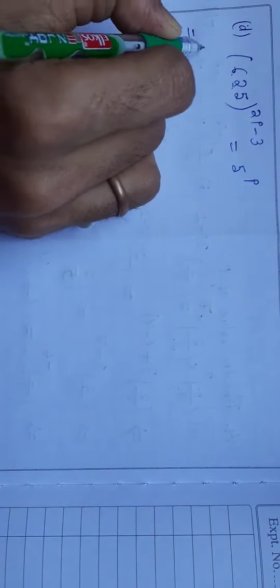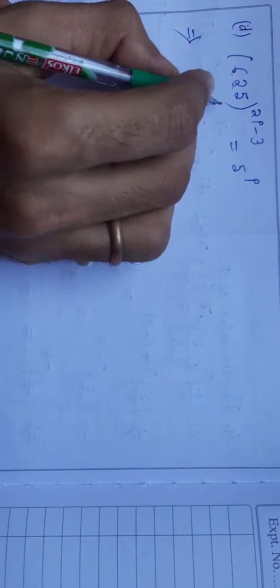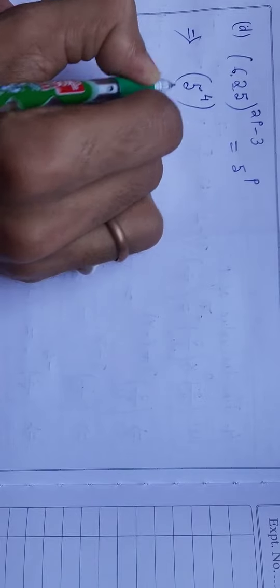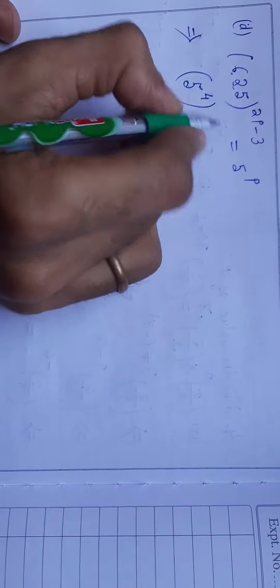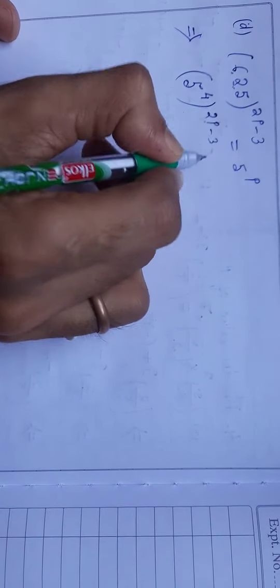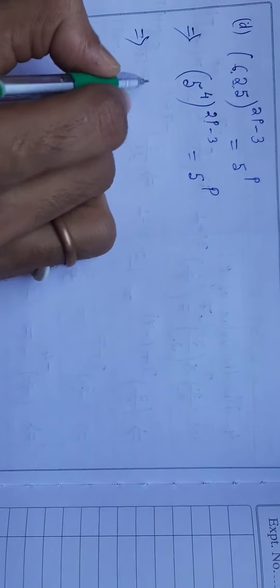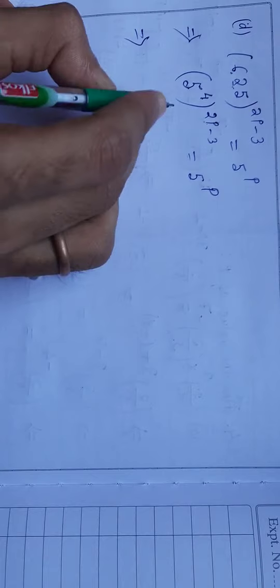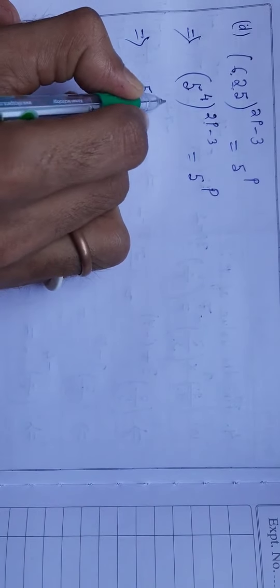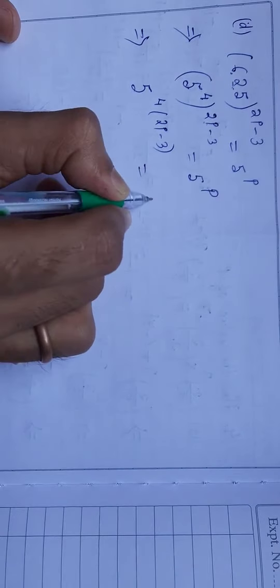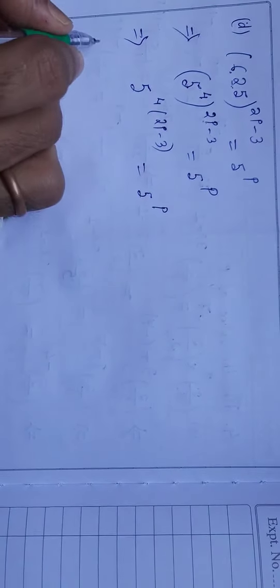So this 625 can be written as 5 to the power 4. (5 to the power 4) to the power 2p minus 3 equals 5 to the power p, which implies, using the (a to the power m) to the power n formula, a to the power m into n, so 4 into 2p minus 3 equals 5 to the power p.